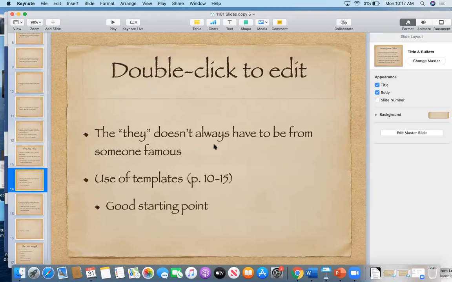Now, your textbook gives an example in the introduction about how the "they" doesn't always have to be somebody famous. As an example, for your final project in this class, obviously you'll have to find academic sources from our library. And on that note, if we're in the classroom, I usually bring in somebody from the library and we have a whole class where she introduces you to how to use the library.